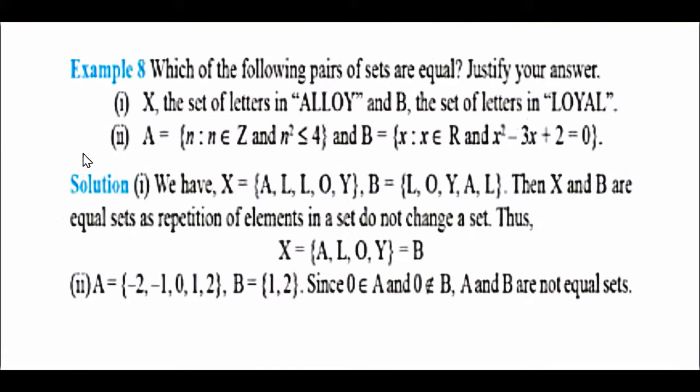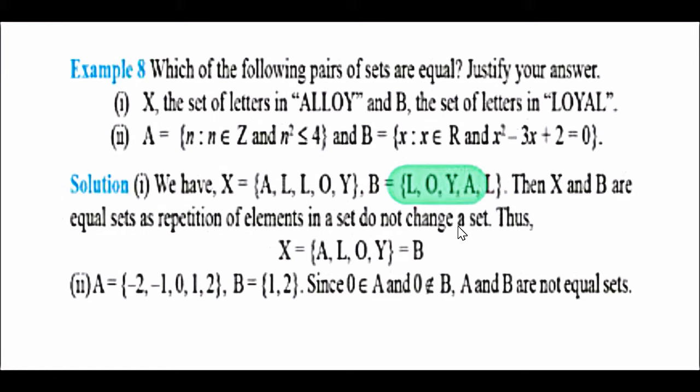Next is example 8, where you have these sets. X is the set of letters of alloy and B is the set of letters in loyal. Can you tell me, are they equal? This X set has 2 L's, this set has 1 L, but as you see, if we just reduce the 2 L's to 1 L, these two are exactly similar, only the order of the elements of the set is different.